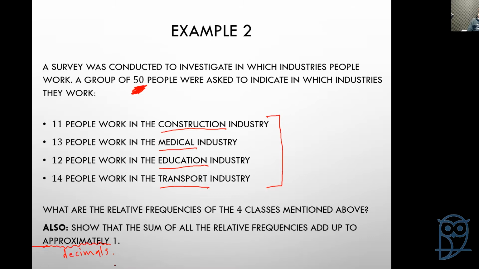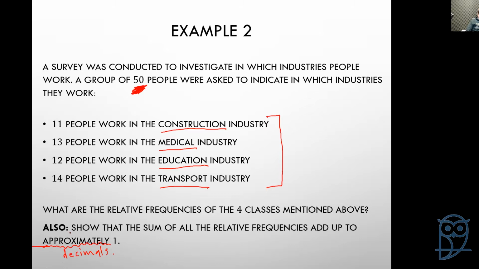Because when you write it as decimals, you're going to have to round off. And you might find that you might round off somehow through all of them, and when adding up, you might come to 0.99 or 1.01, for example. That's not because they actually add up to that. It's because through the rounding, you've created that problem. That's why for me, I always prefer fractions, 1, because they're exact, and 2, because you never have any of these issues.